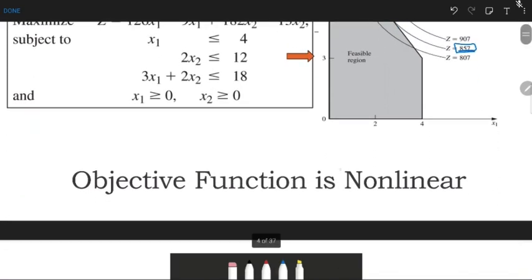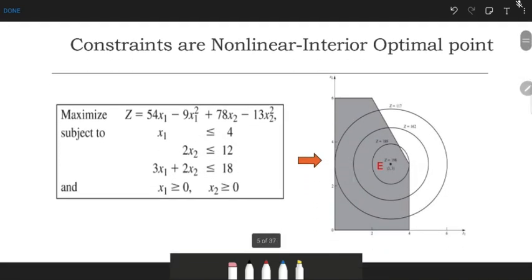Fine. This is non-linear. Okay, constraints are non-linear. Interior optimal point. In linear programming, we kind of declared that all the optimal solutions will be on the corner points, and my job is done.